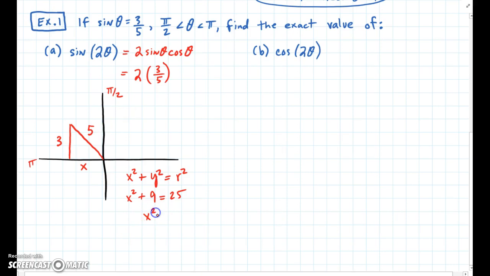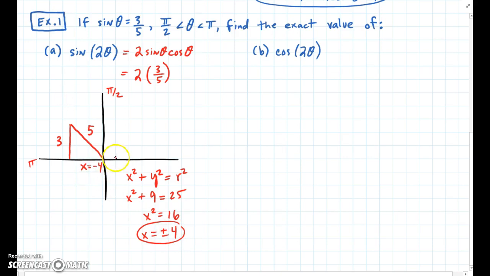So x squared equals 16, and if we take the square root of both sides, x equals plus or minus 4. Since this triangle is in the second quadrant, x is negative, so x is equal to negative 4.